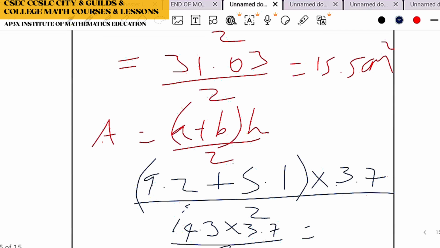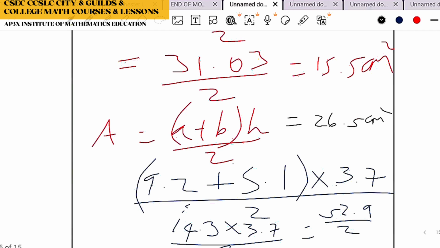So that's equal to 52.9 divided by 2. And that's equal to what? 26.5. Thank you very much. Centimeters squared.